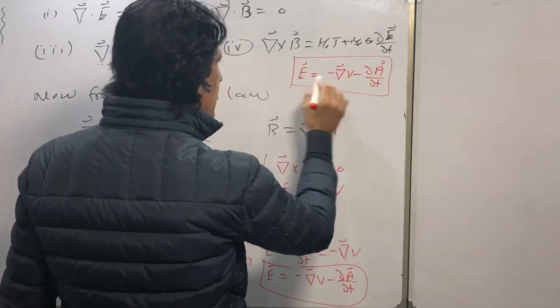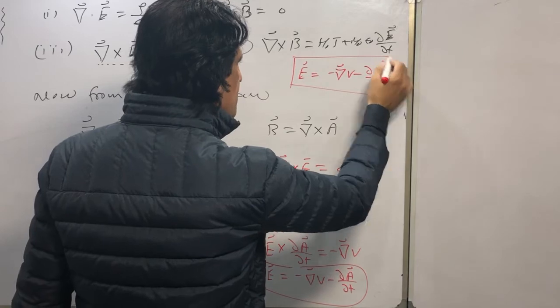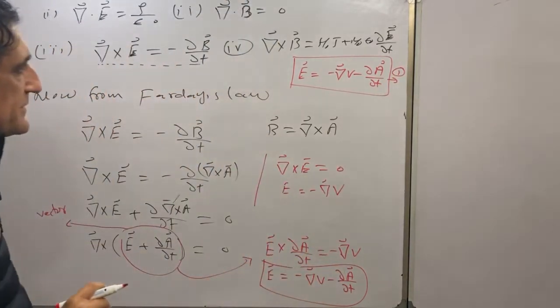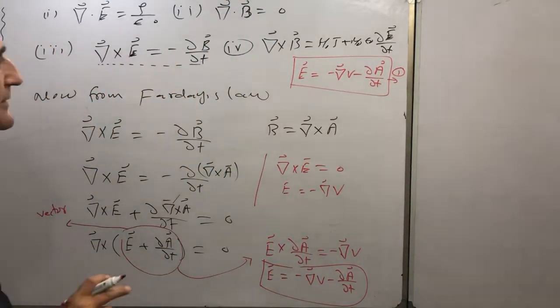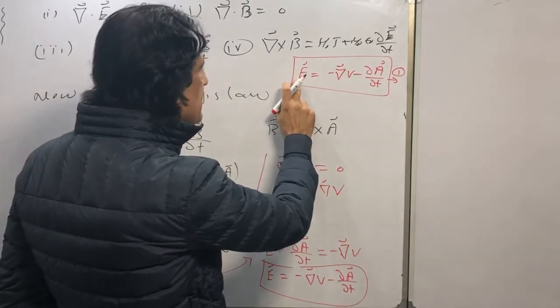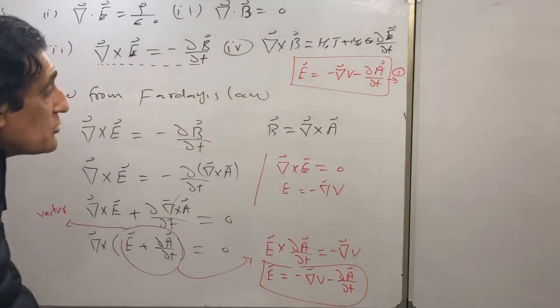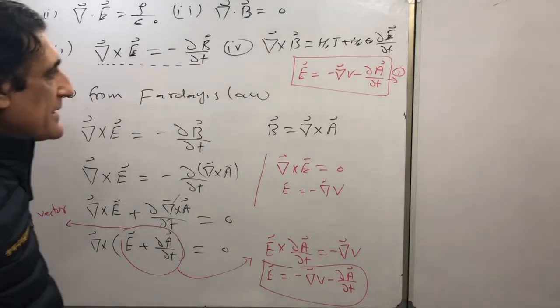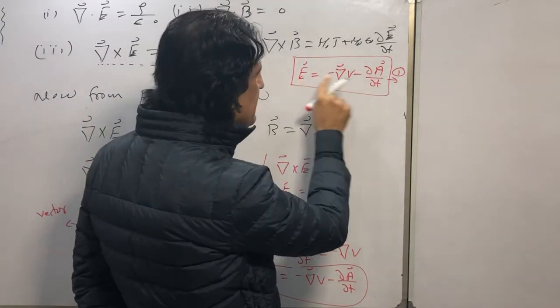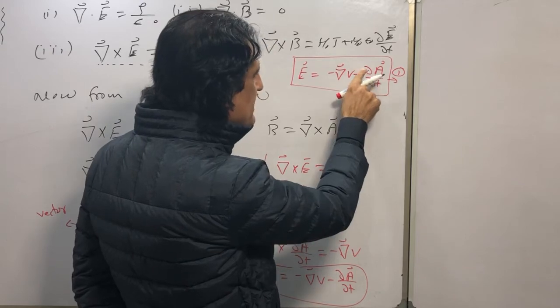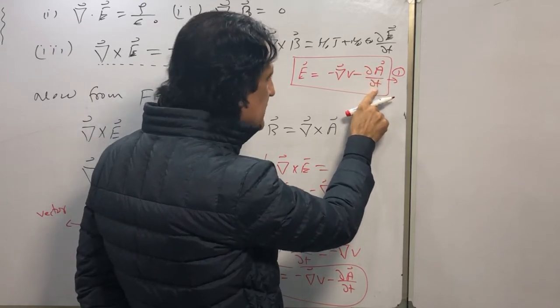And I say this is equation number one. This is the electric field that we can find in electrodynamics, because this electric field is changing with time, because of partial A divided by partial t.